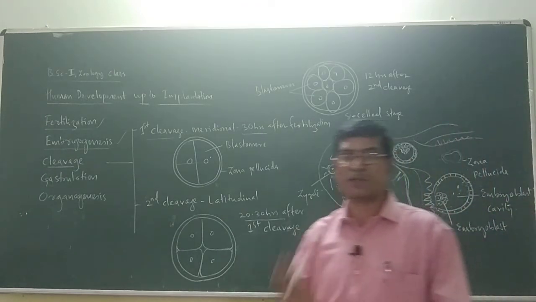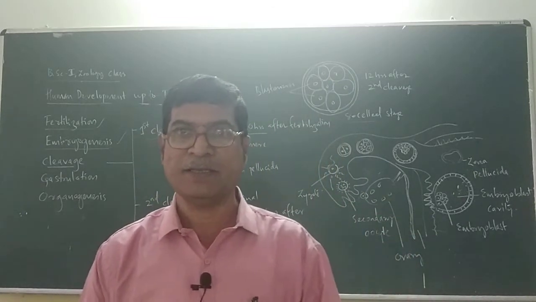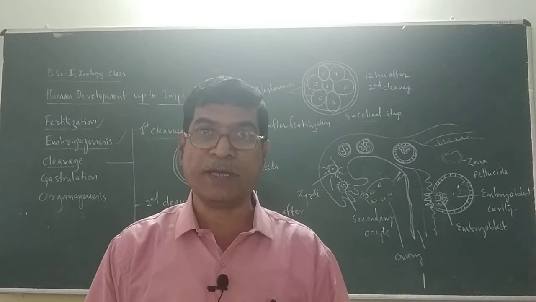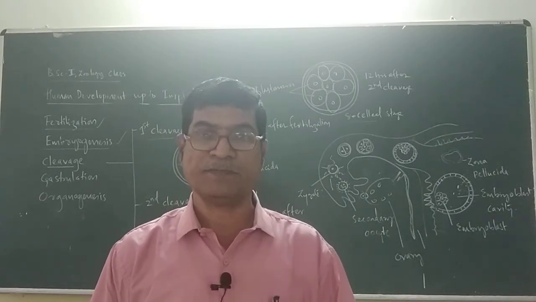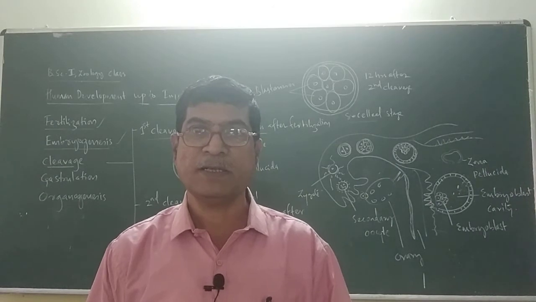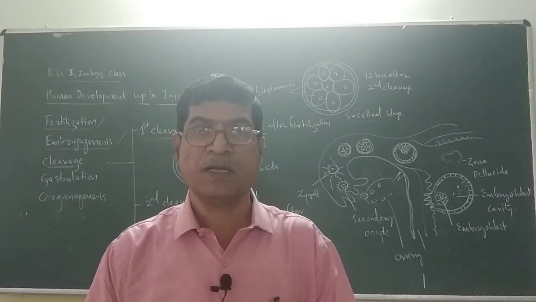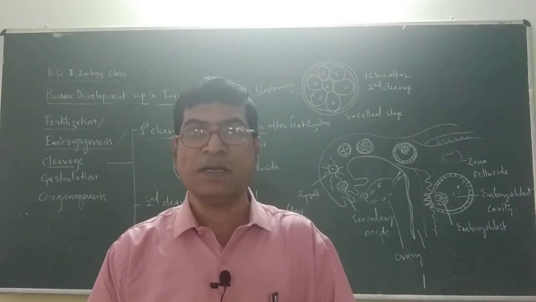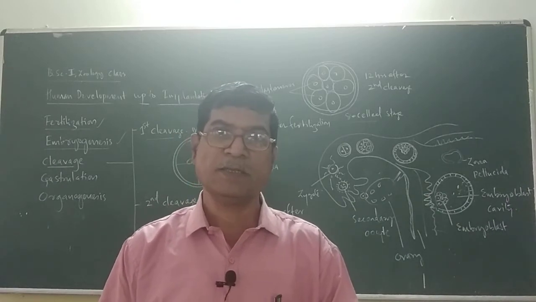The attachment of the blastocyst to the endometrium is known as implantation. The process of implantation in human beings begins on the 7th day after fertilization, and is completed in the next 3 days, right?